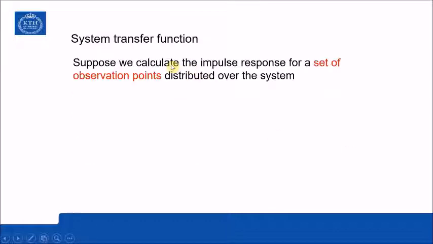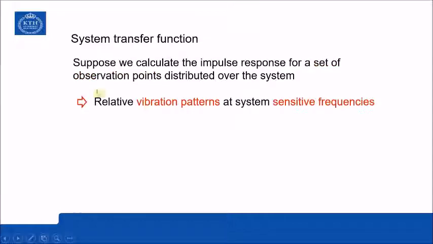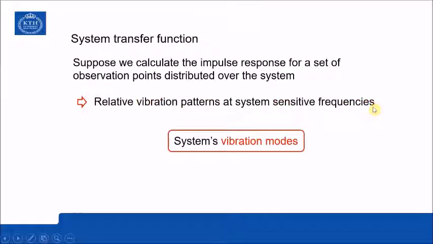So if we calculate the impulse response for a set of observation points distributed over the system that we investigate, then we can get the relative vibration patterns at these poles, that is at the system sensitive frequencies, the resonance frequencies. And that is actually the system's vibration modes. And these are the properties that we are looking for in this course.